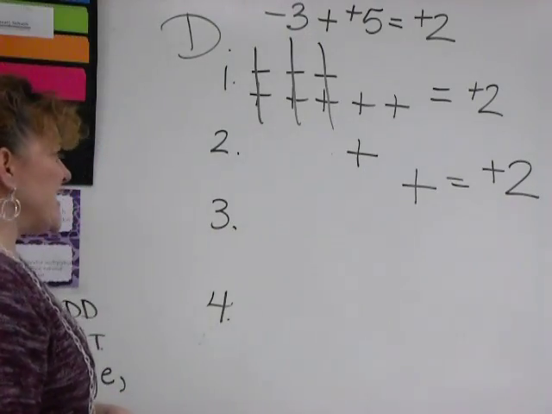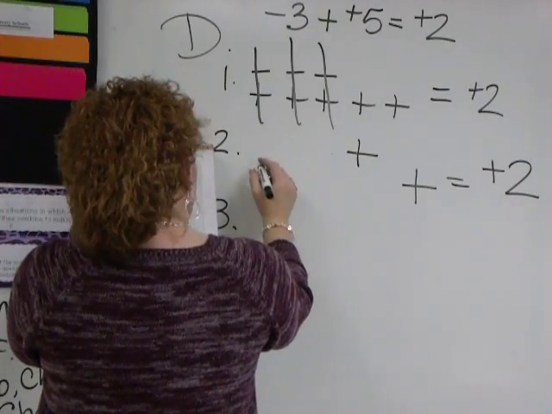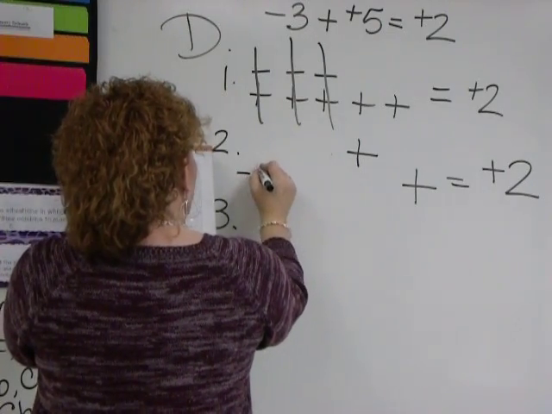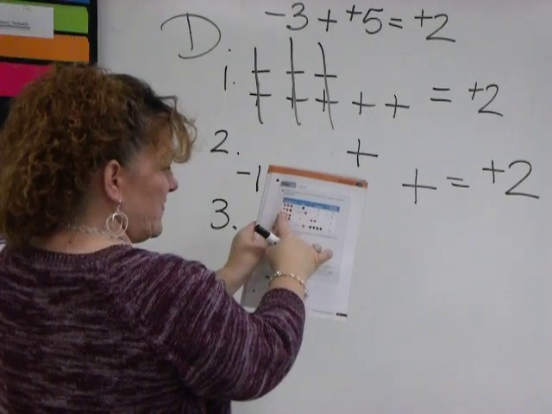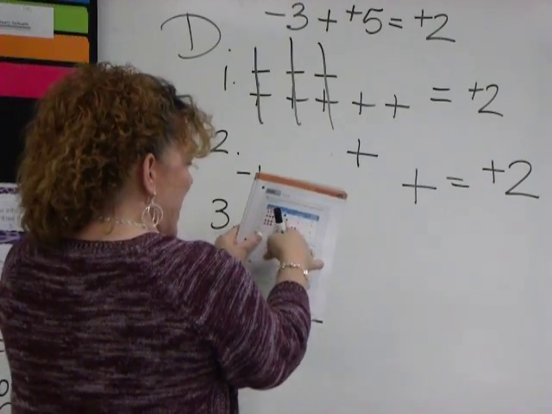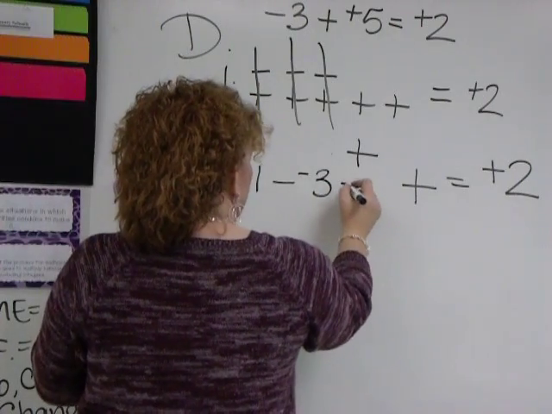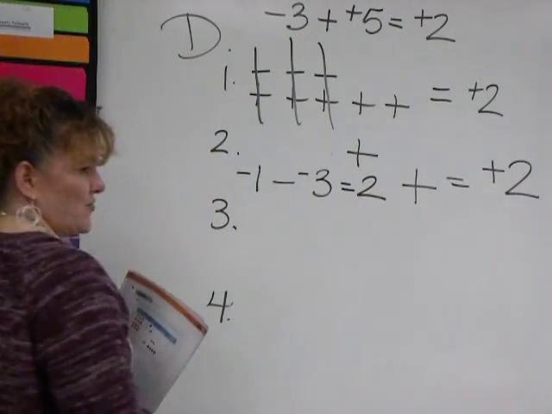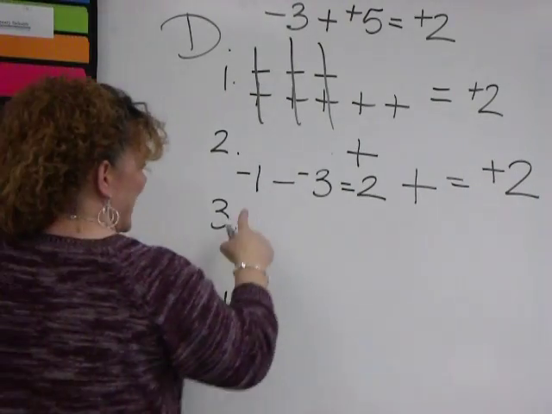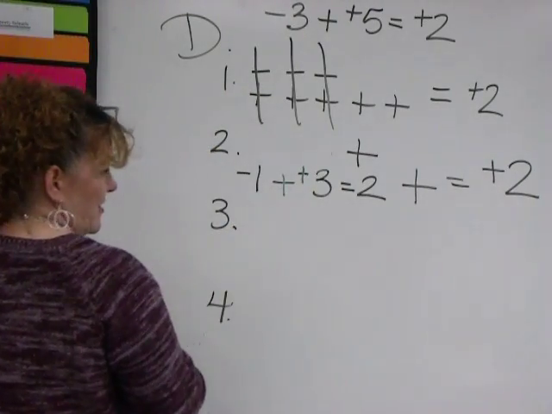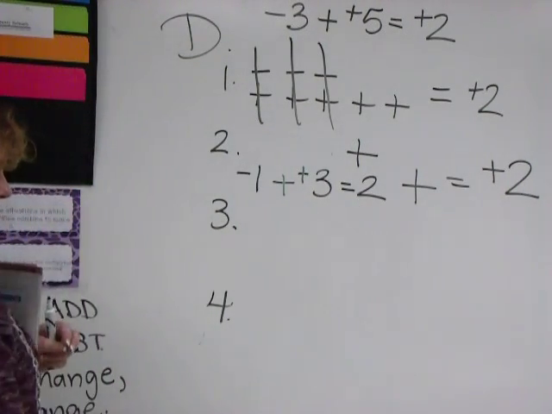So my number sentence for number 2 is I'm going to have -1, because when you take that 0 pair out, you've got a -1, subtract -3 is equal to a +2. And when you do that keep, change, that shows you how you ended up with a +2.